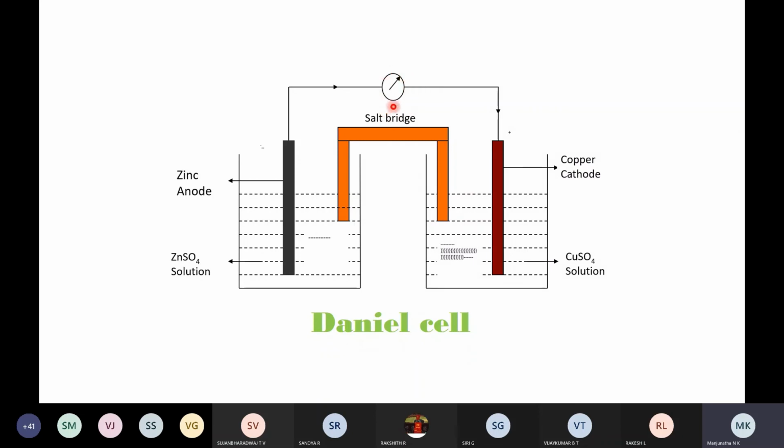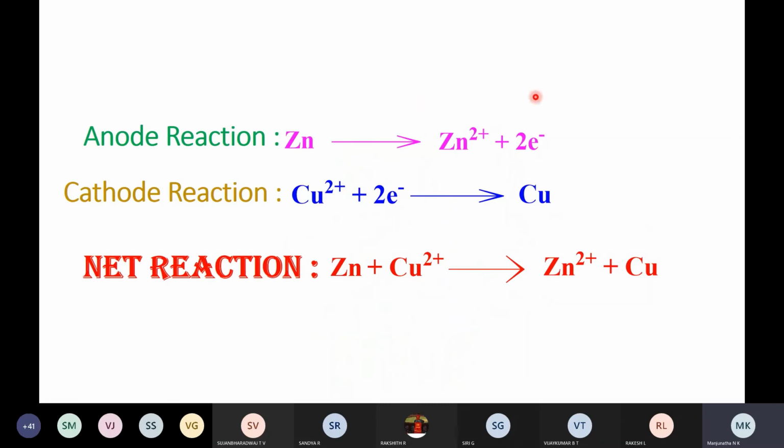This fluctuation shows the conversion of chemical energy into electrical energy through the redox reaction. In this way, in the case of the galvanic cell, there is a conversion of chemical energy into electrical energy. See, this is the reaction observed in the galvanic cell, that is, in the Daniell cell.